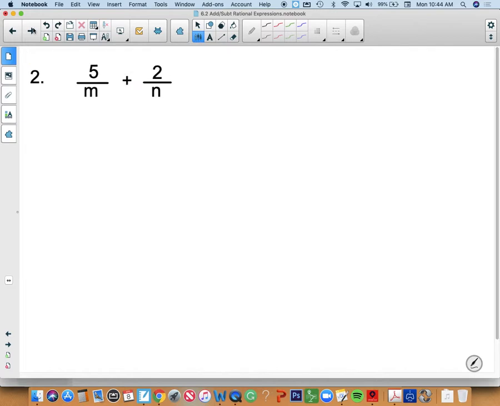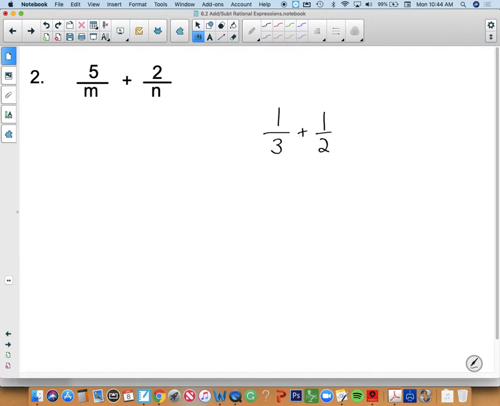So, second problem here. We got 5/m plus 2/n. Ask yourself, do you have a common denominator? Not really. So let's think of the way we did it with fractions before. So 1/3 plus 1/2. Well, you can't add across the top because you don't have a common denominator. What would be my common denominator here? Well, I need a 6, because 2 and 3 both go into 6.